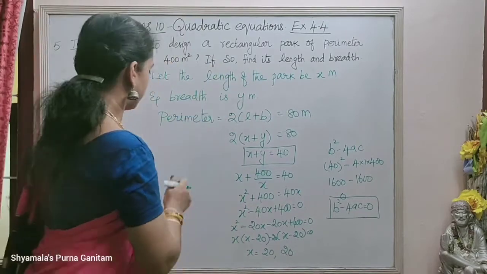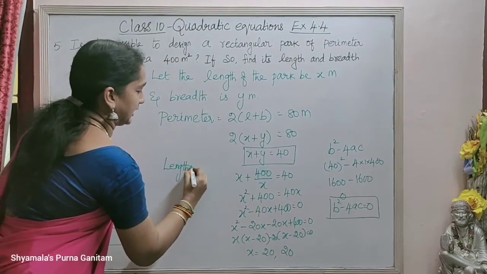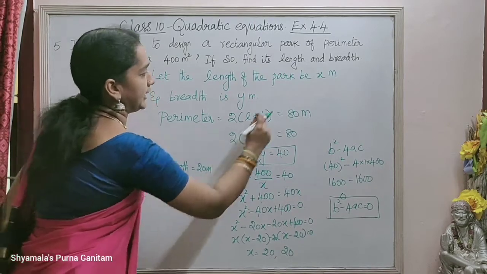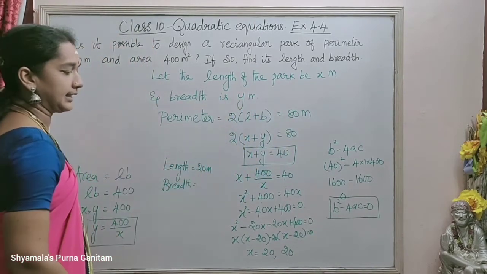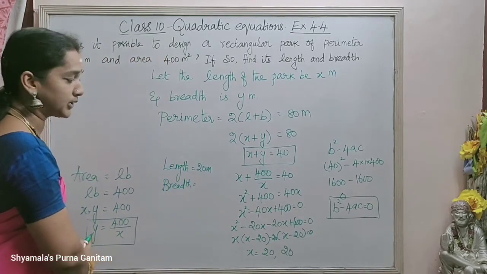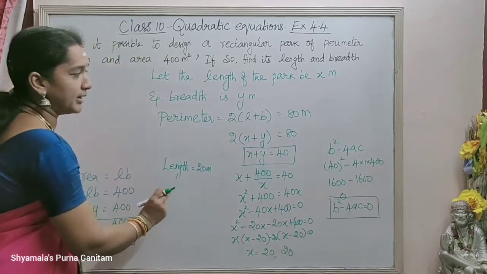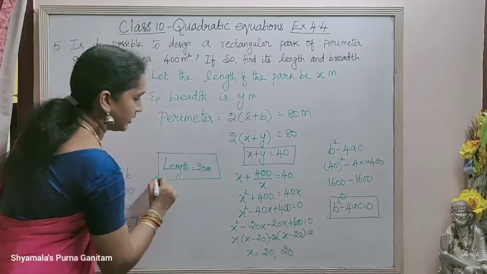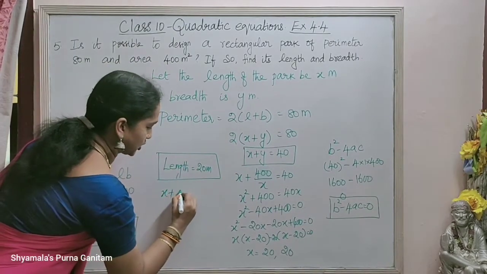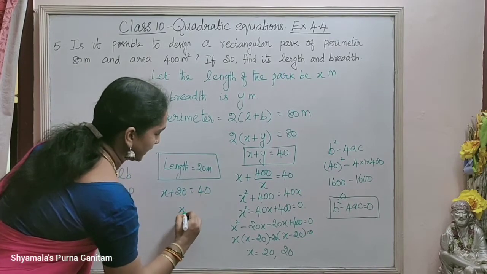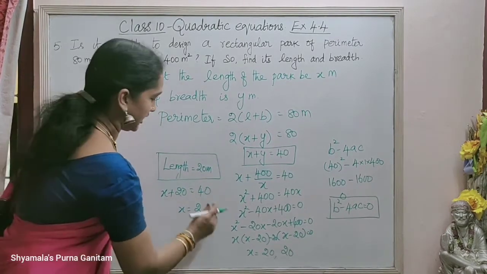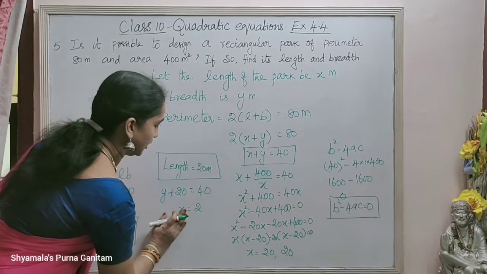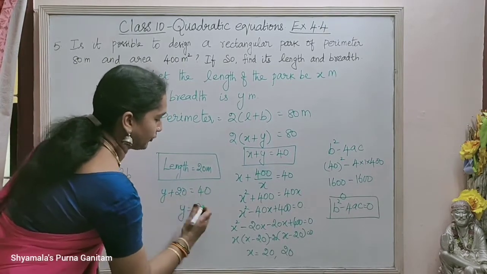So the length, which we have taken as x, is 20 meters. The breadth we have taken as y, so we substitute here in x plus y is equal to 40. x value is 20, so y is equal to 40 minus 20.